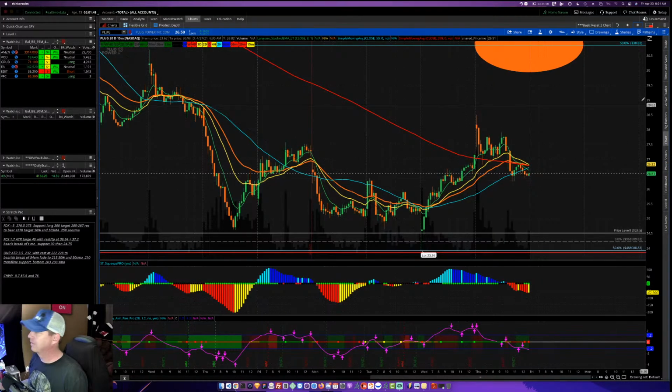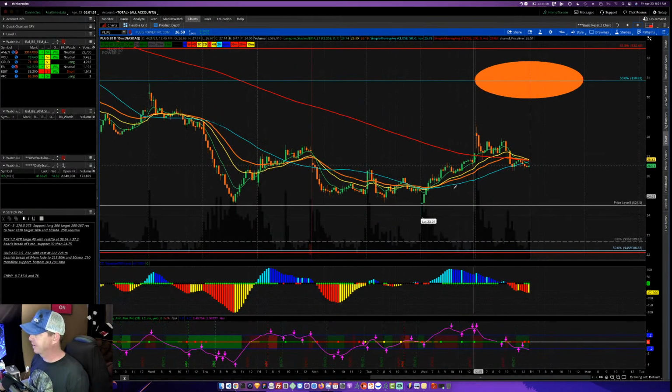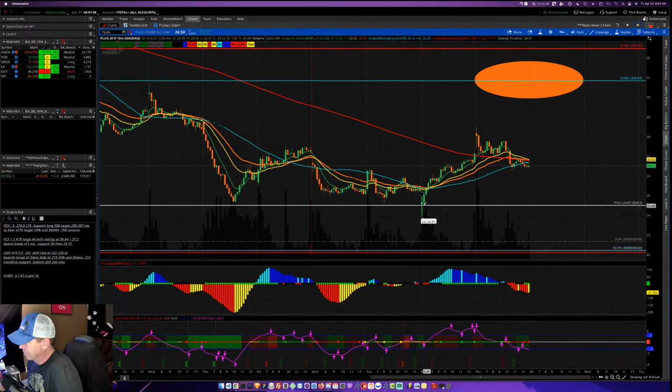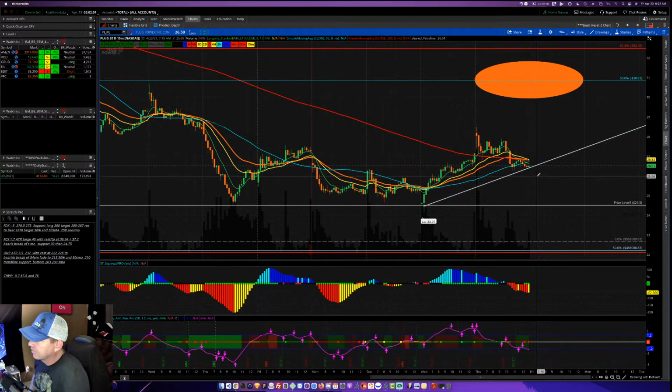So if you do want to play plug, we're currently in an intraday uptrend. Intraday support would be at this lower trend line, which we're at now. We've got a cluster confluence of all of our moving averages. It looks like spaghetti.